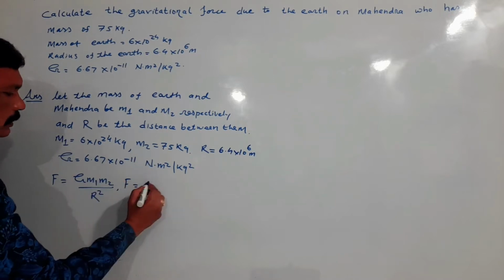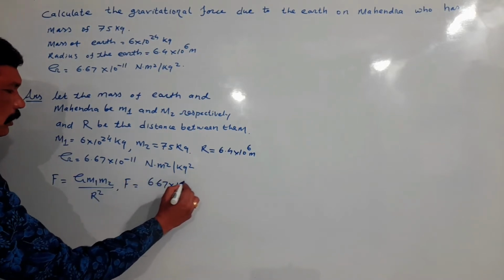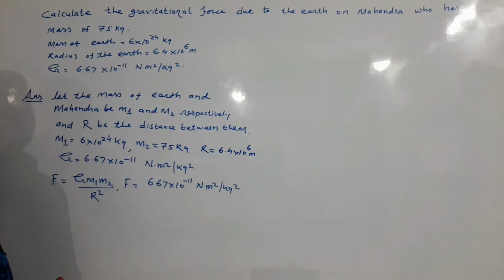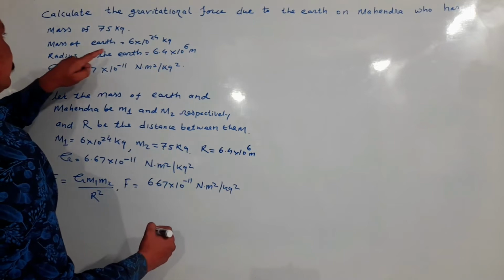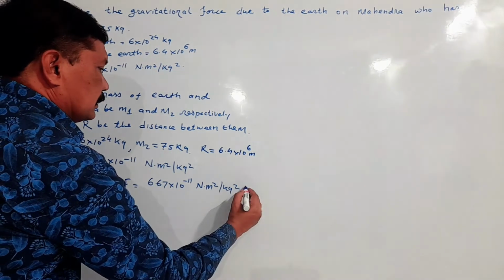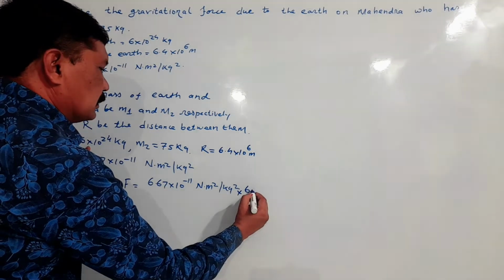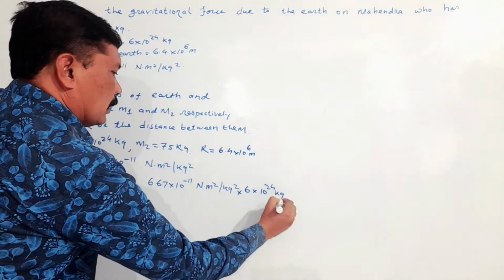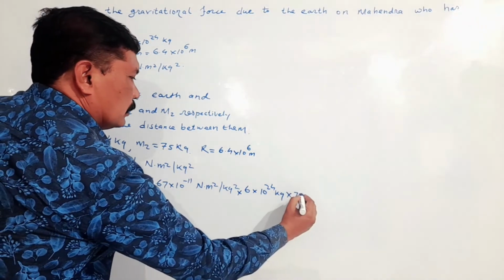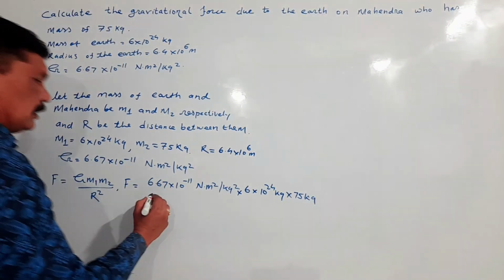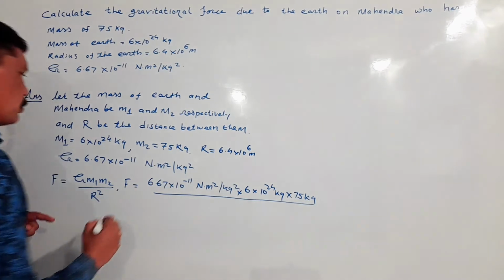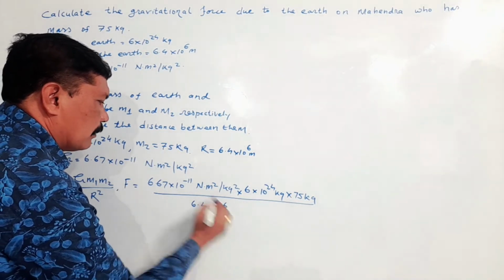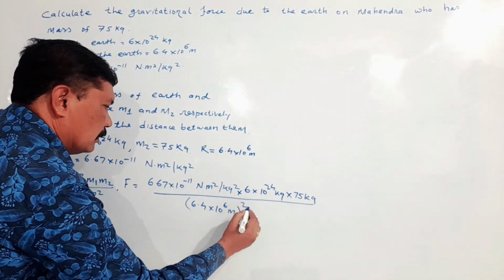F is equal to 6.67 into 10 to the power minus 11 Newton meter square per kg square, M1 6 into 10 to the power 24 kg into 75 kg divided by r square, and r is given to us, that is 6.4 into 10 to the power 6 meter whole square.